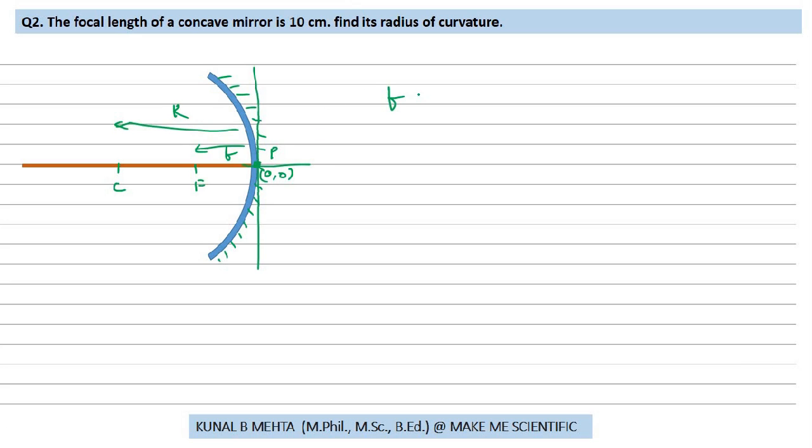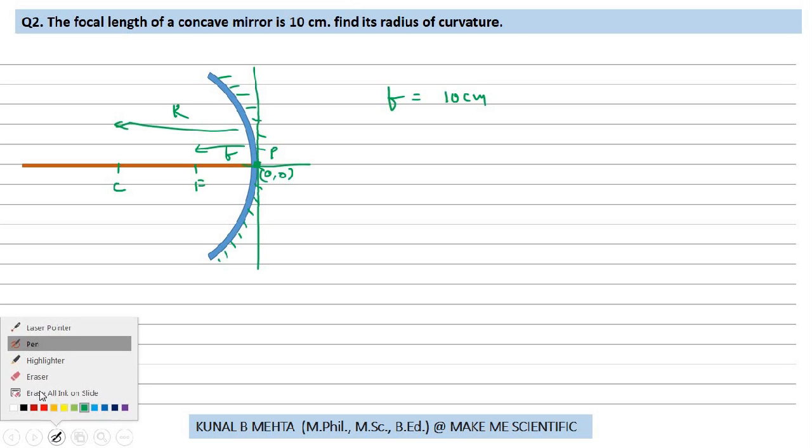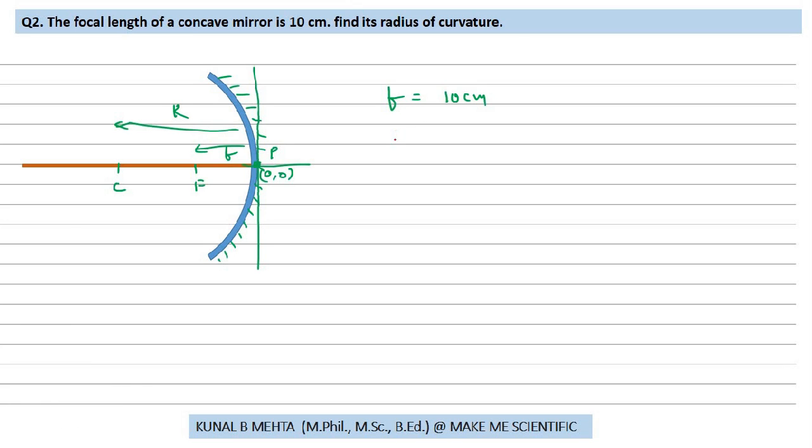And since focal length is given to us as 10 centimeters, so if I double the focal length, radius of curvature is twice the focal length. So radius of curvature would be twice of the focal length, minus 10 centimeters. So my answer would be minus 20 centimeters, or you can also write down 20 centimeters in front of the mirror.